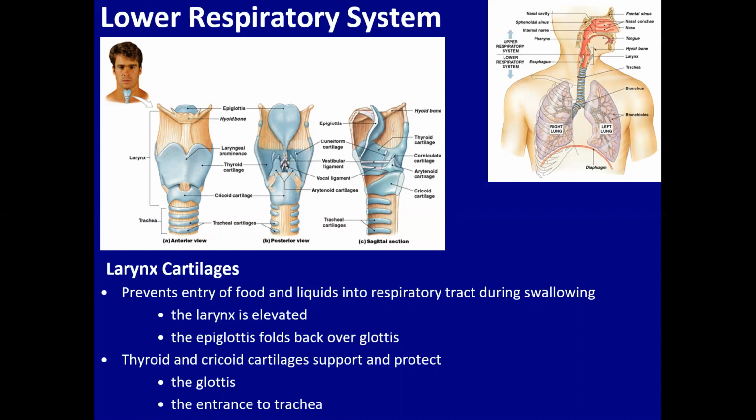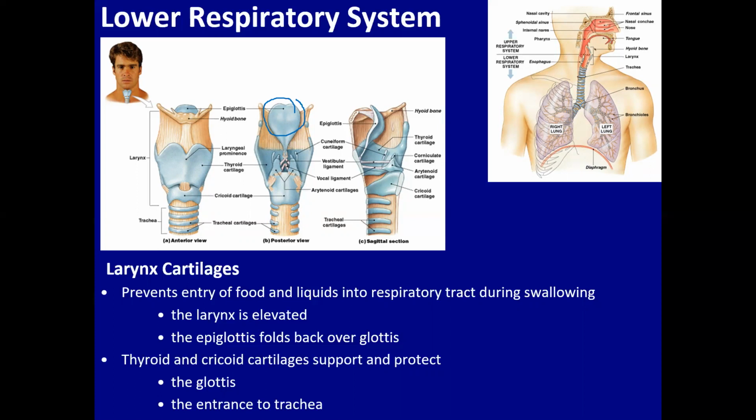When you swallow, your larynx is elevated, and it allows for the epiglottis, which is this structure right here, to fold back over your glottis, right? So when that happens, you will successfully stop, we hope, food from entering your respiratory system.